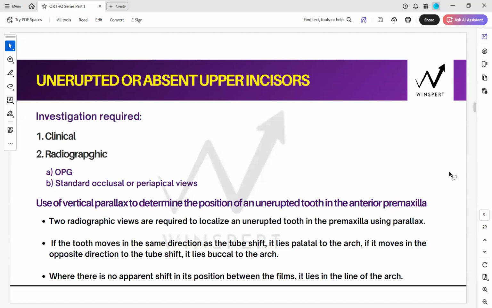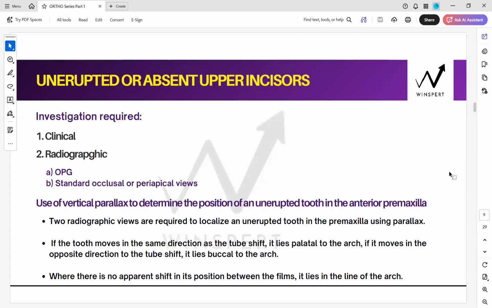So in the examination, suppose they ask which will give you maximum information, and they give you the options of OPG, occlusal and periapical with parallax views. Which will become your best answer if all three are given? Which will give you the most information? Sometimes you may require all of them, but the most information will come with periapical with tube shift or parallax technique, right?